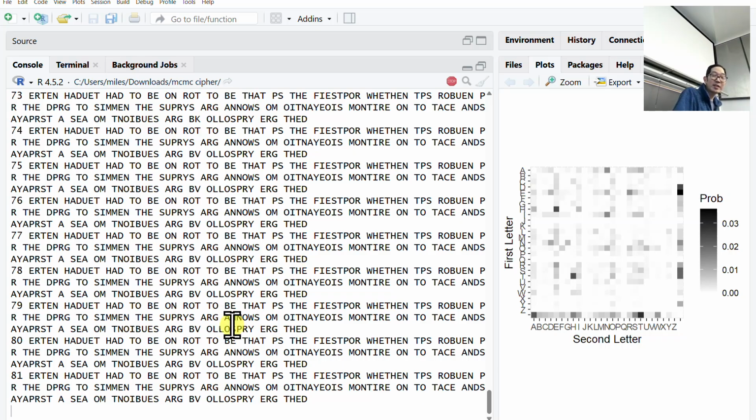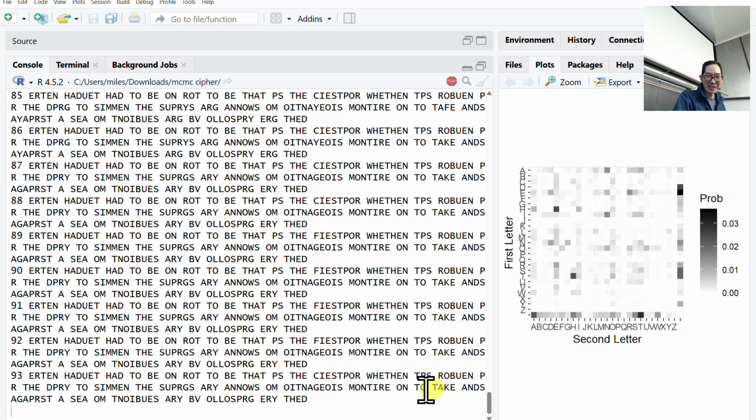That starts to feel like there's something there. Now we have had duet, had to be, and eventually, all right, it's 8:50, but if you stick around, we'll get there.